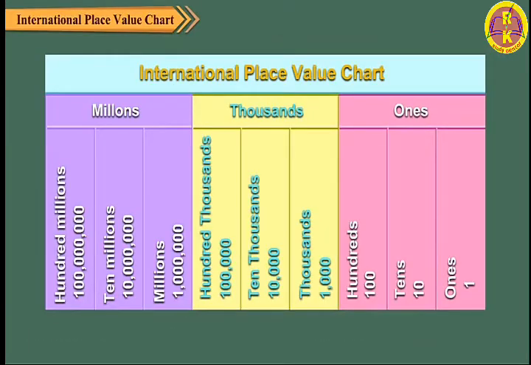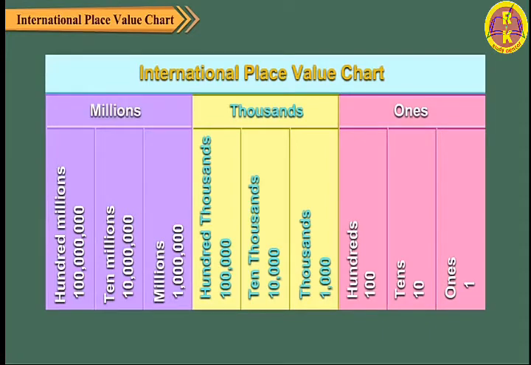Many countries use the International Place Value Chart, which is shown here. Here, the first 9 places are grouped into 3 periods, namely ones, thousands and millions.